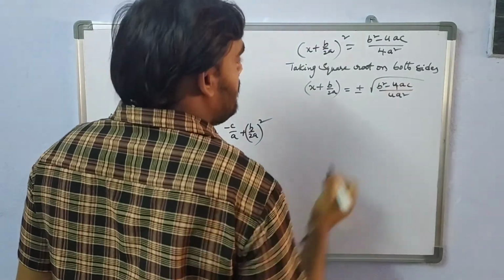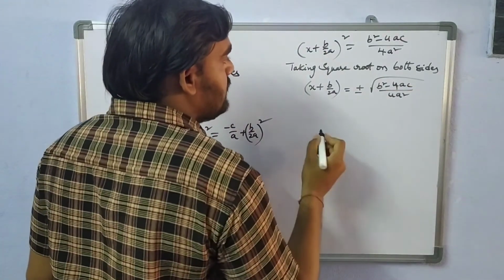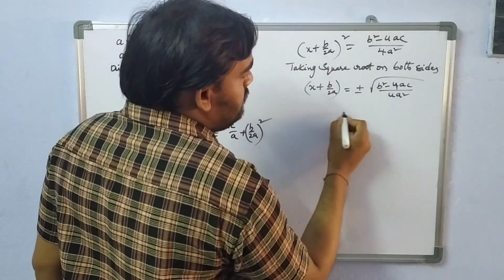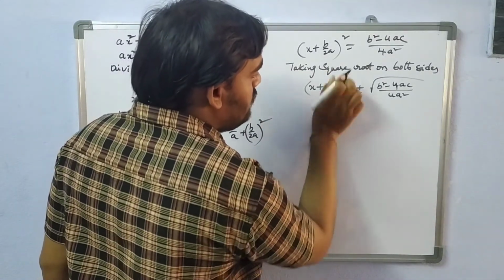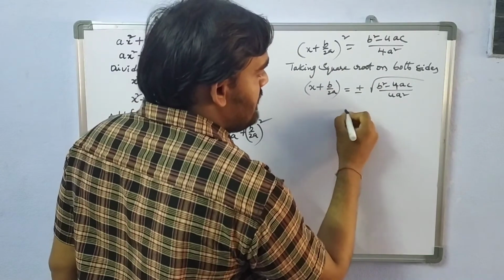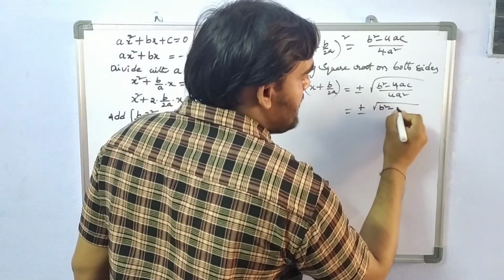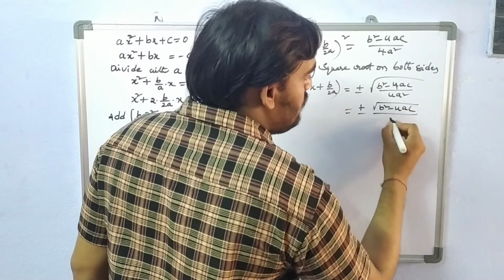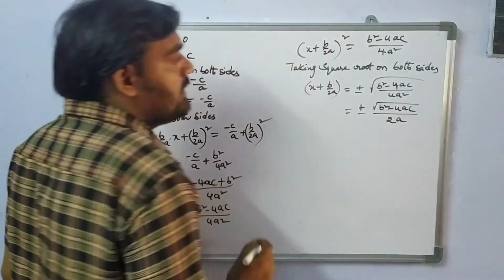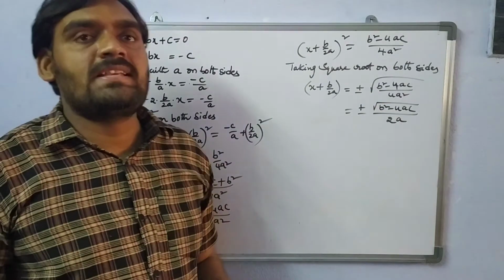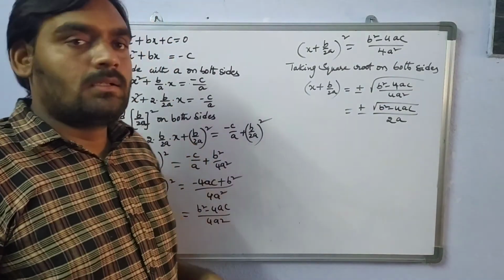Now we will get x is equal to plus or minus square root of b square minus 4ac by 2a, because here root of 4a square we will get 2a.